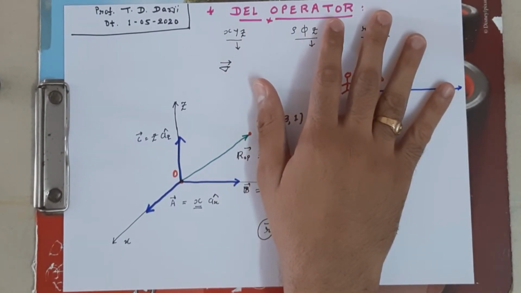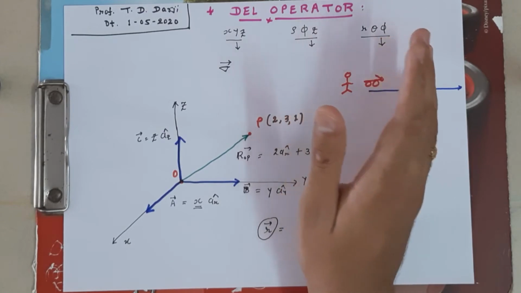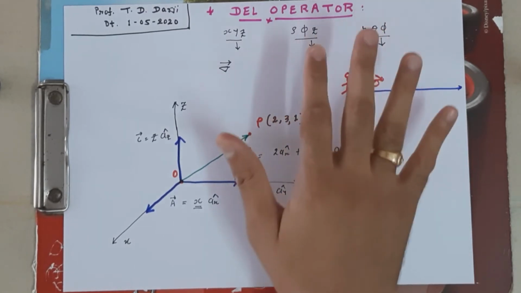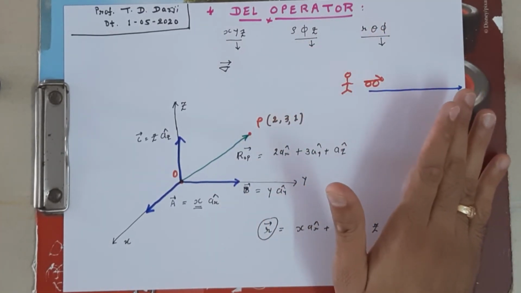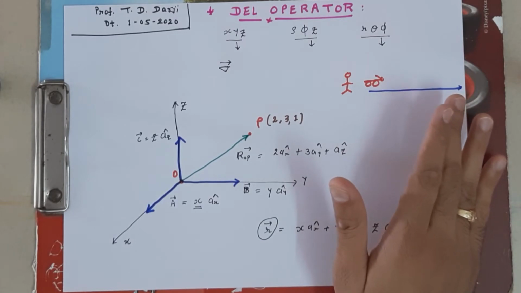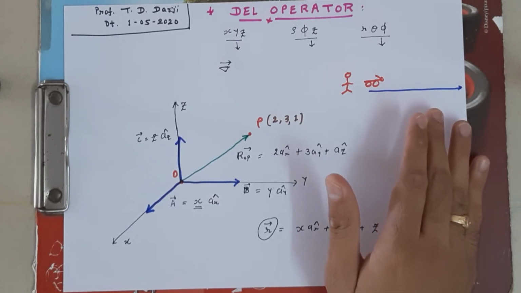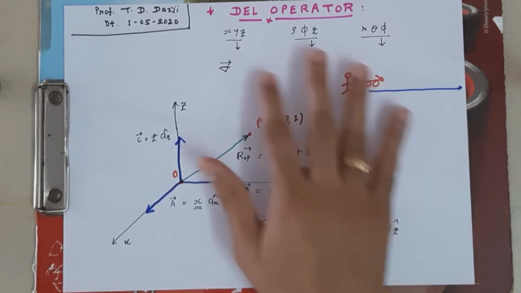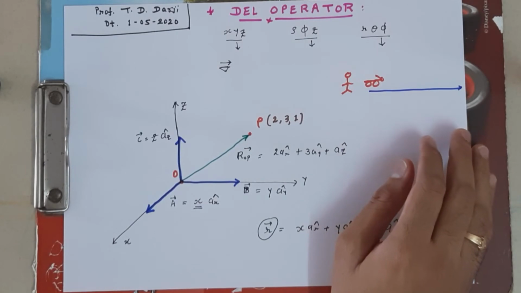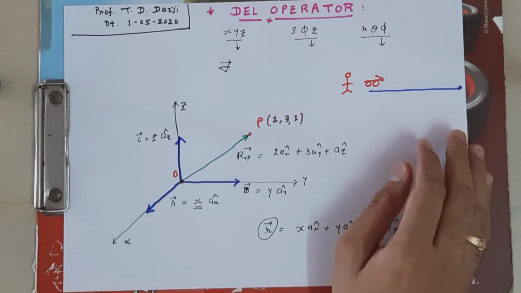So there are three main applications of the Del operator: how much the magnitude is changed, in which direction the magnitude is changed, and how much your scalar quantity is changed in any direction. You can find that using the Del operator.